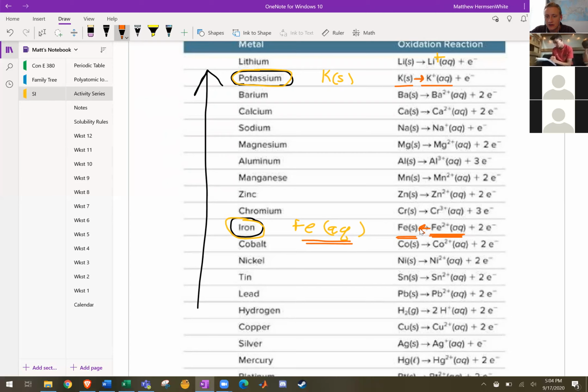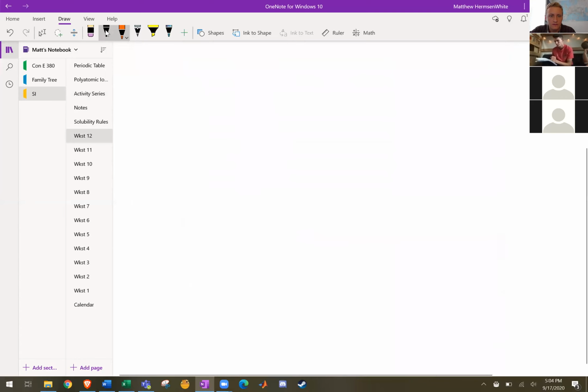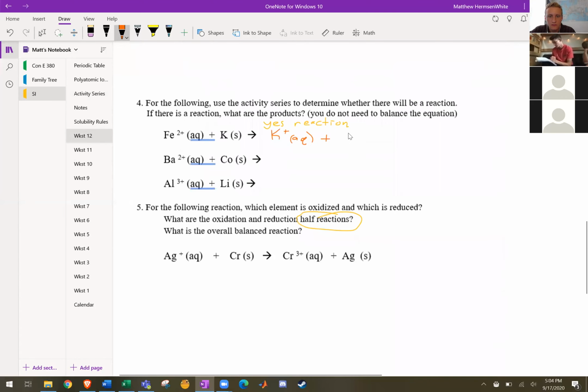Therefore, it's going to go the other way to the solid. So this one is going to go to iron solid, Fe solid. Now this equation isn't balanced.